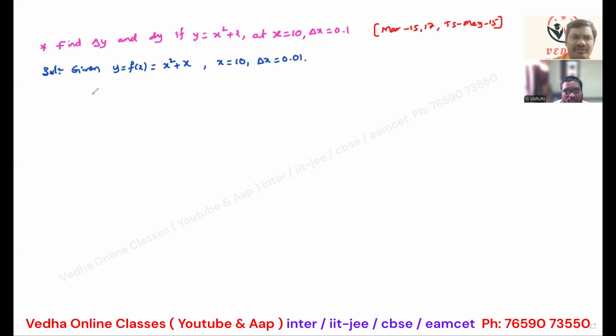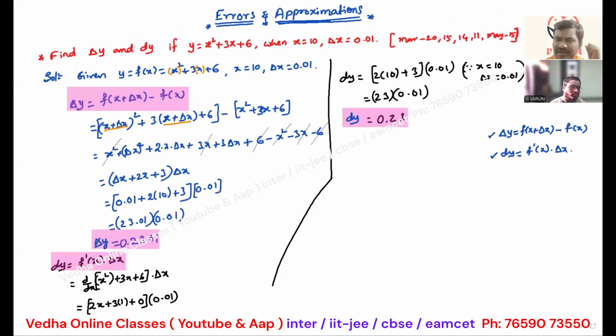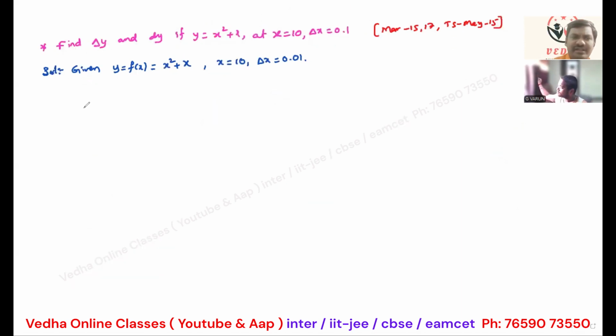Now, what we have to find? Delta y and dy. Delta y formula, that is f of x plus delta x minus f of x.